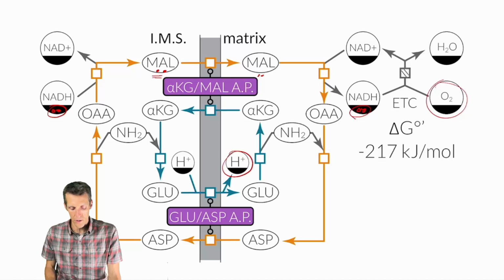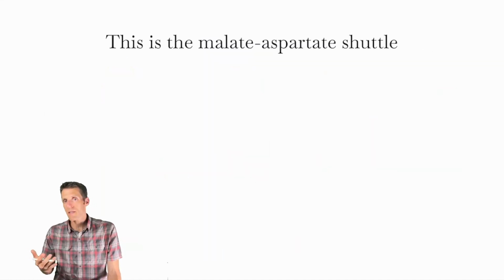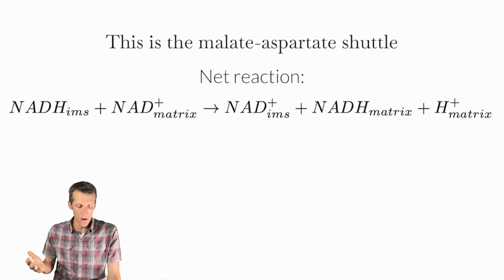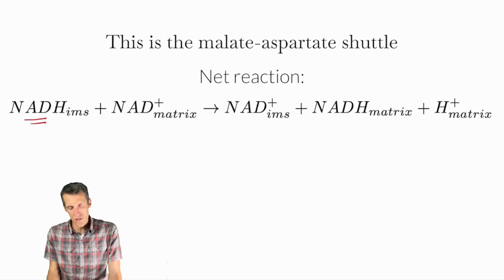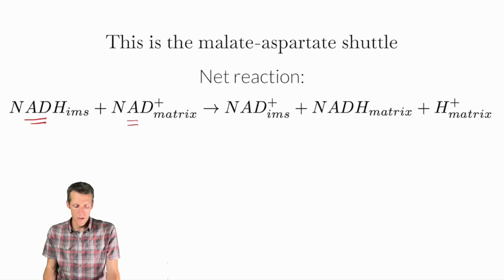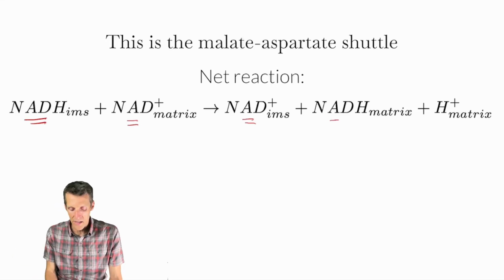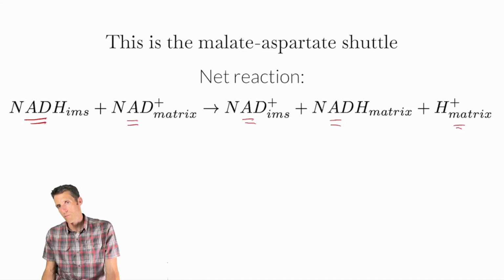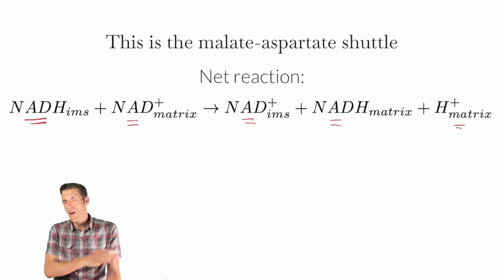One proton is transported across. This is the aspartate-malate shuttle. It has this net reaction of taking NADH in the IMS and an NAD plus in the matrix. It then makes an NAD plus on the outside and an NADH in the matrix, along with a proton that gets transported. It's a very cool mechanism.